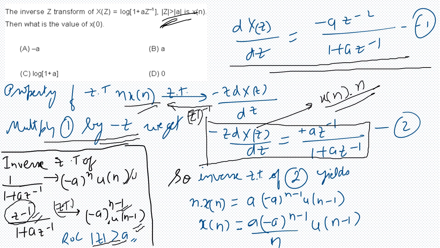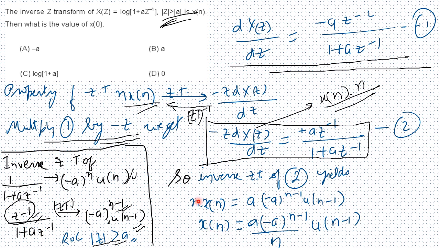We have now taken the inverse z transform on both sides. Here it is n x of n, and here it is minus a power n minus 1 into u of n minus 1, and the a is already present there, so we write it as it is.